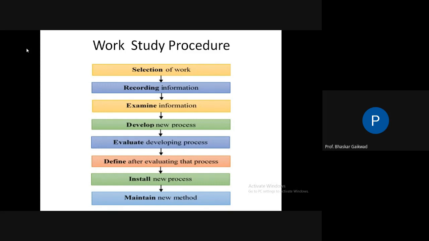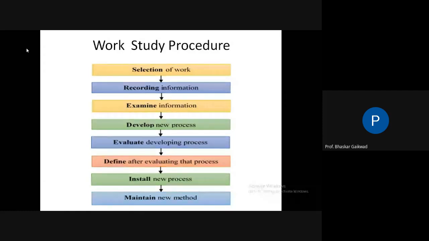If we increase the production, the new method is better. If we increase the productivity, the new method is better. Anyhow, we have to develop such new methods in order to get these 3 points: reduce cost, increase production, and increase productivity.